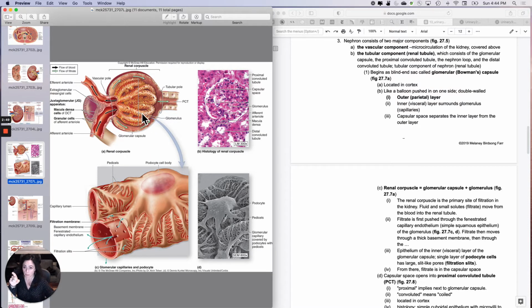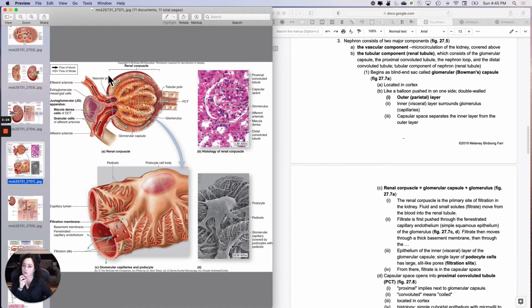If you blow this up and look at it more closely, here is what the capillary looks like, and on the outside of the capillary is the first layer that you run into of Bowman's capsule. So the capsule is actually a P tube, and the glomerulus is actually a blood tube. It's like a balloon that's pushed in on one side. You've got the visceral layer coating my finger capillaries, and then a space, and then the parietal layer.